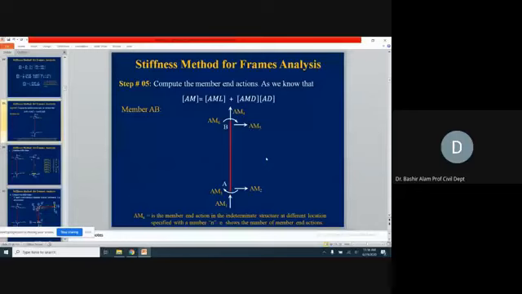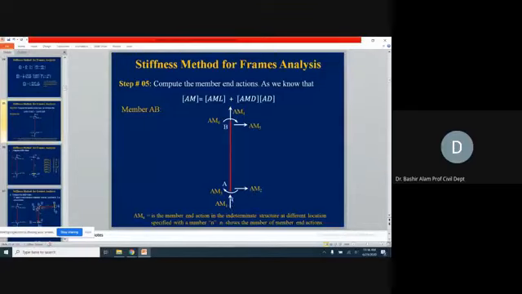For numbering, you should follow an order so that you are organized. When you go to the next pages, you should be able to see what each number corresponds to and what the positive direction is.